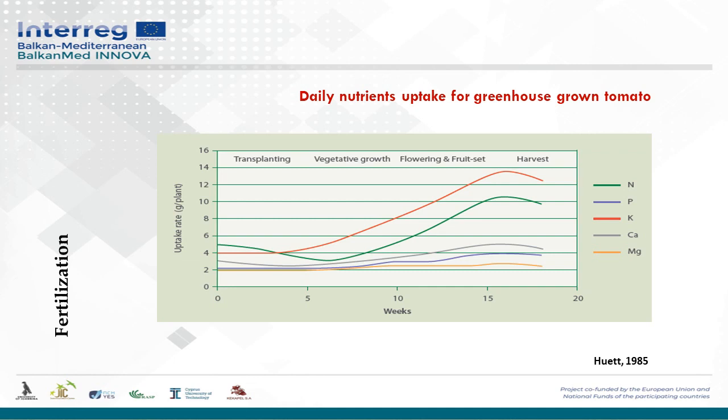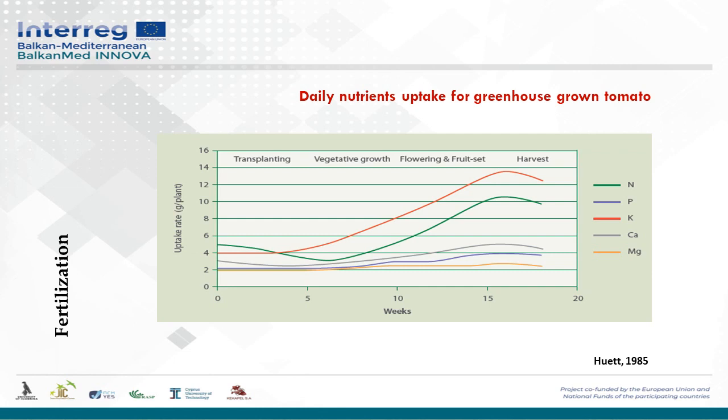But during the vegetative growth, the demands for nutrient elements increase quickly, and they reach their maximum at flowering and fruit setting. And this is especially true for nitrogen, which is in green here, and potassium.